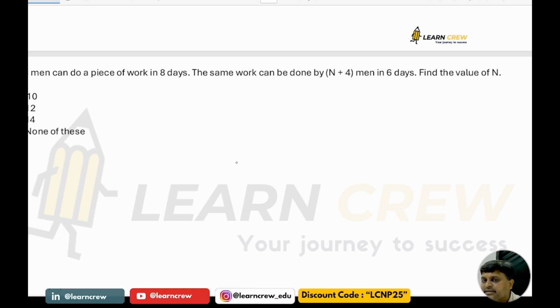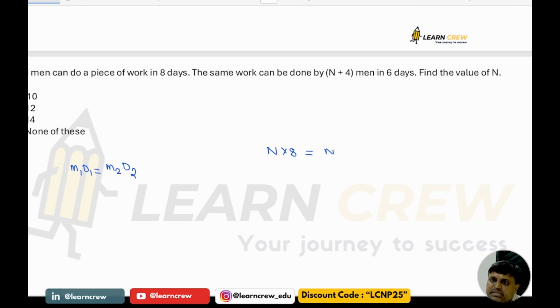Please understand here. When M1 persons can do a work in D1 days and M2 persons can do the same work in D2 days, then we can write M1 D1 is equal to M2 D2. Here M1 is given as N and D1 is given as 8.